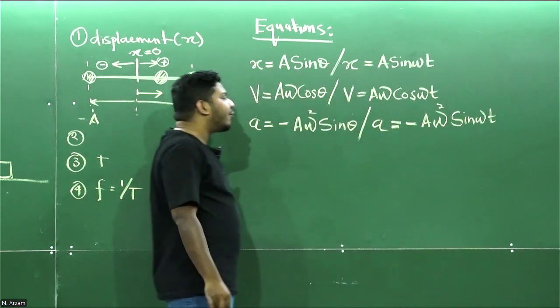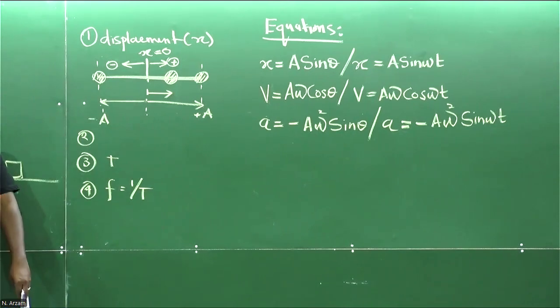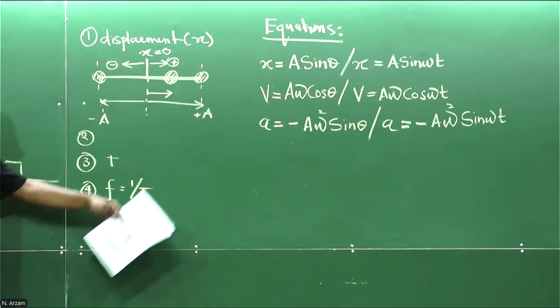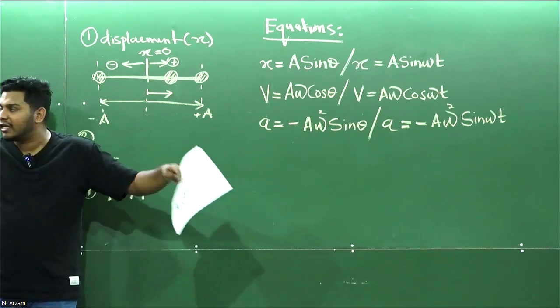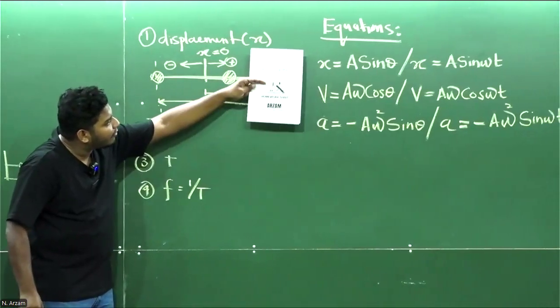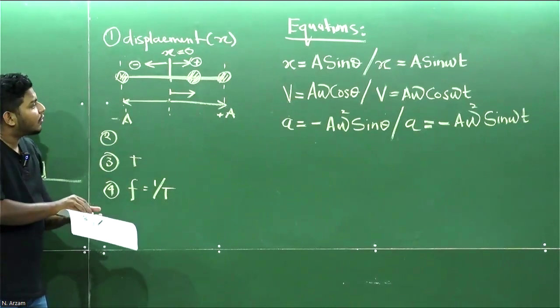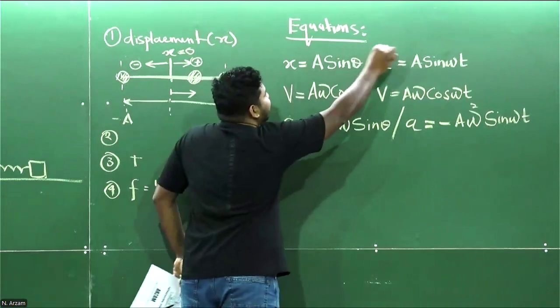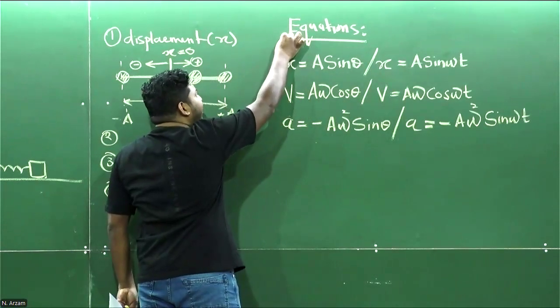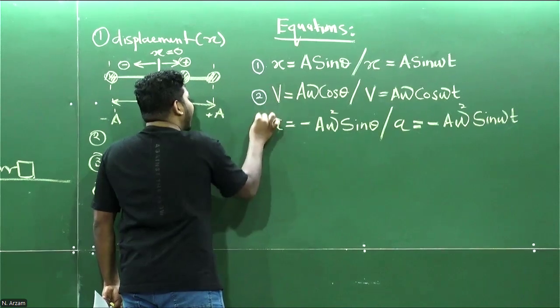These are the equations we studied in the last class, isn't it? This is very important. From here, we are going to start the lesson. So these are the equations for simple harmonic motion, for the displacement, the velocity and the acceleration.